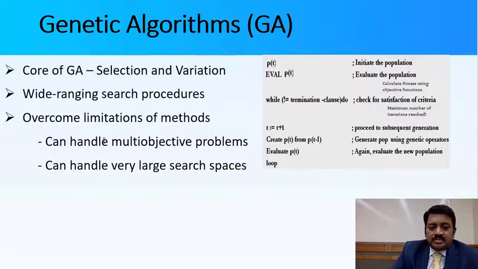And genetic algorithms are versatile search algorithms, and they are able to overcome the limitations of the linear programming methods, and they are able to provide a global optimum because of their ability to handle multi-objective problems with conflicting objectives, and also their ability to handle very large search spaces.